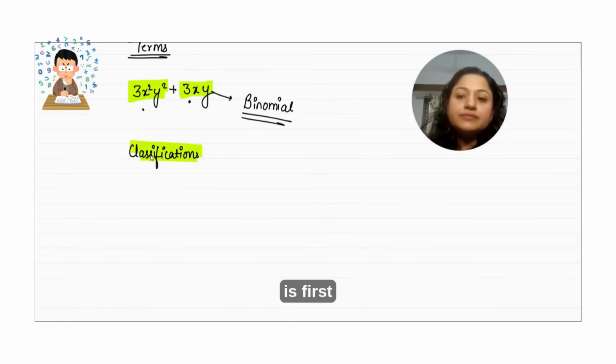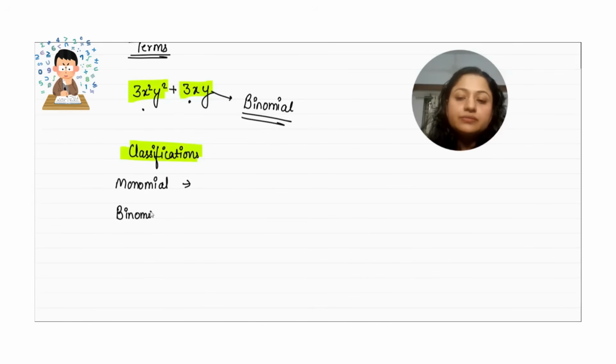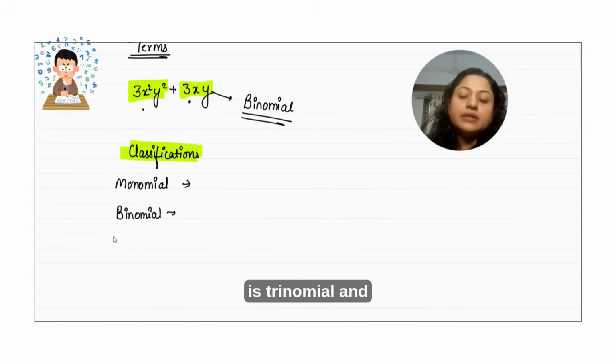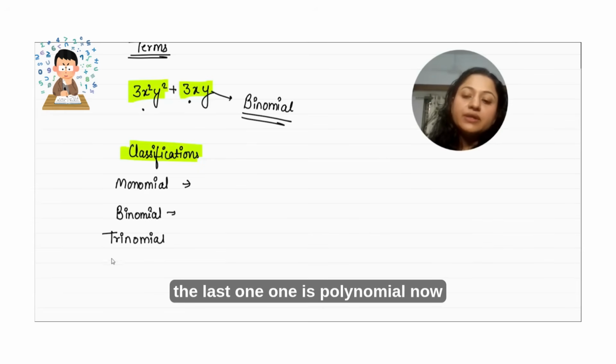That is, first is monomial, second is binomial, third is trinomial, and the last one is polynomial.